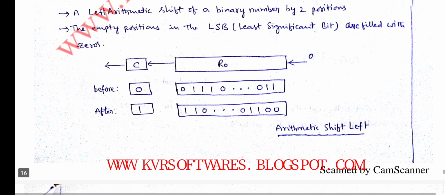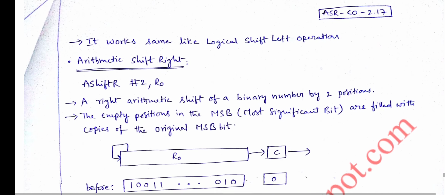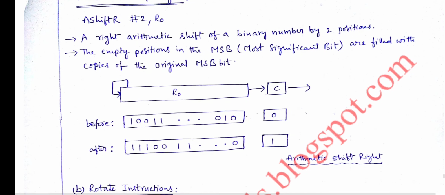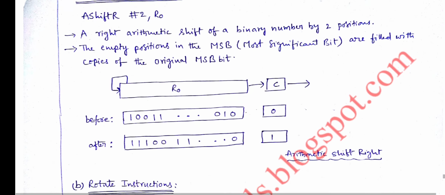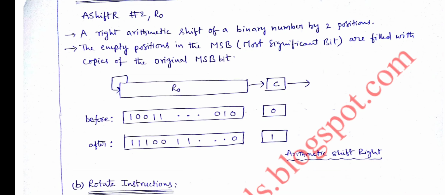But in arithmetic shift right, the most significant bits are filled with copies of the original MSB, the original most significant bit. So that is the difference between arithmetic shift right and arithmetic shift left. By seeing this example, I hope you understand the difference of these two, right?